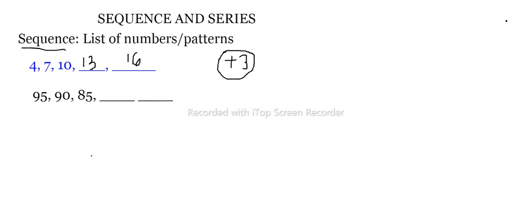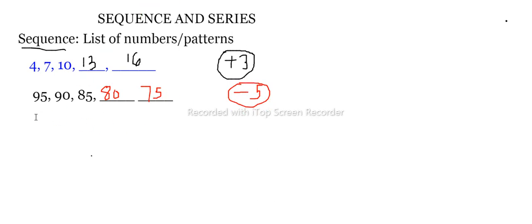So the next term here will be 80. So 95 minus 5 gives 90. 90 minus 5 gives 85. So 85 minus 5 will give us 80. So in this number pattern, we keep subtracting 5.